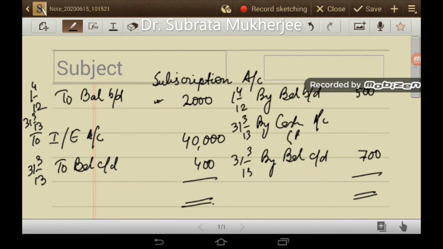So the balancing figure is rupees 41,200. So in this 41,200, 1,800 rupees is included in it. So both side total will be 42,400. So this balance of 41,200 I will post it in the cash account.